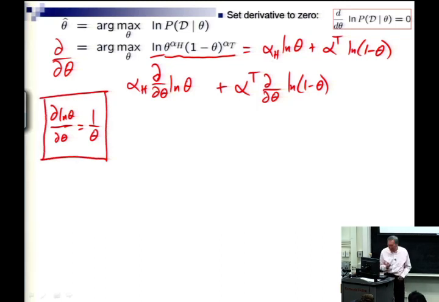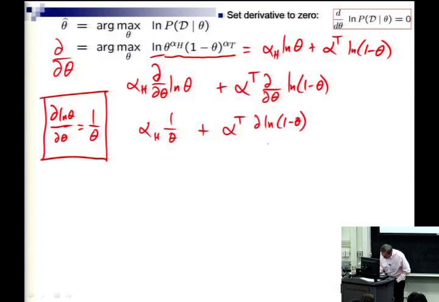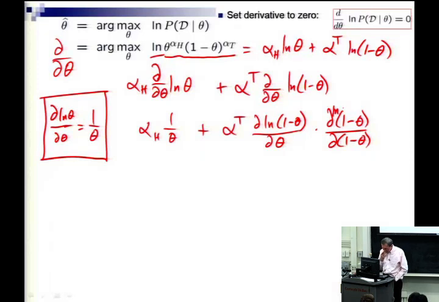Do not forget this. Okay, so now it's easy. That's just alpha h times 1 over theta plus alpha t times, chain rule stuff. Oops, I left out my log.